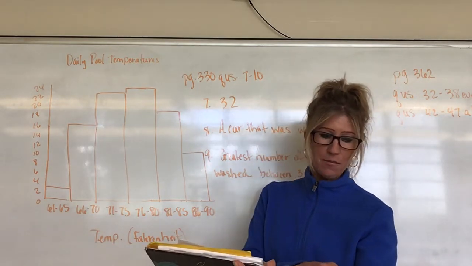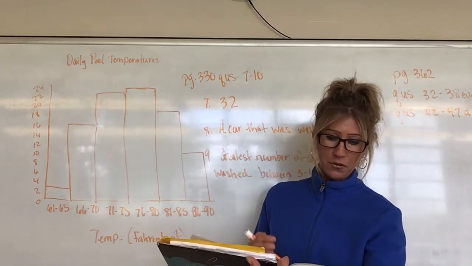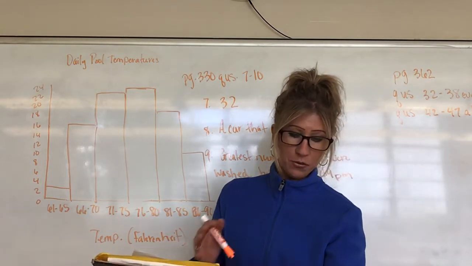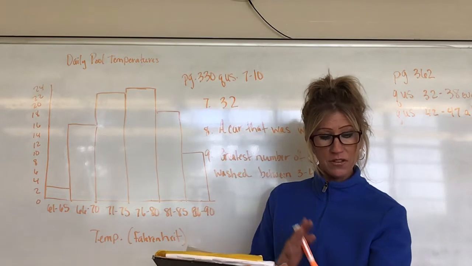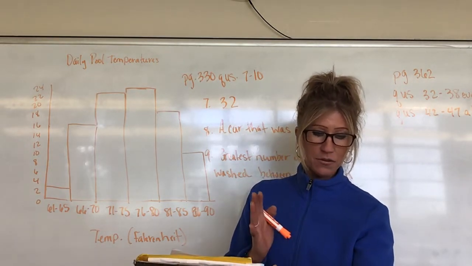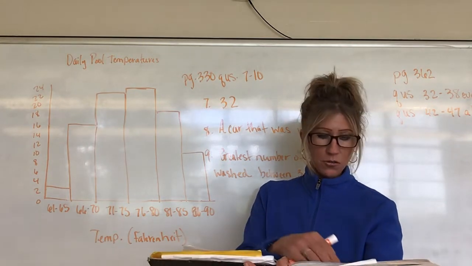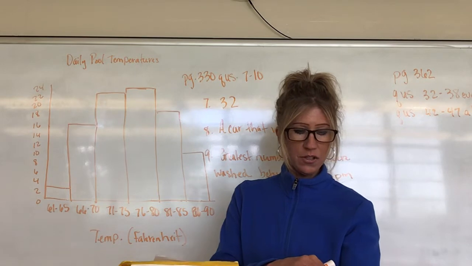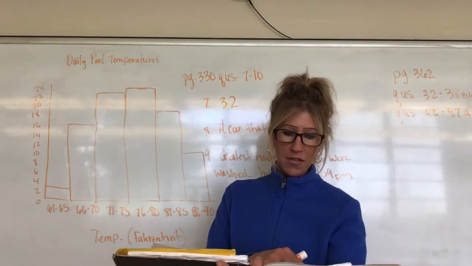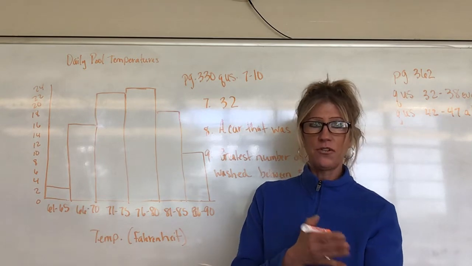How many times was the pool at 61 to 65 during those summer months? 3 times. At 66 to 70? 16 times. Between 71 and 75? 22 times. As we read through those intervals, we saw how many times the pool fell in each interval during the summer.